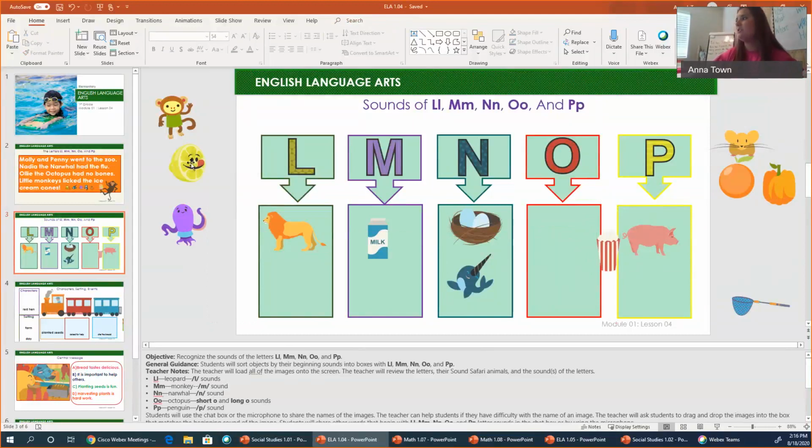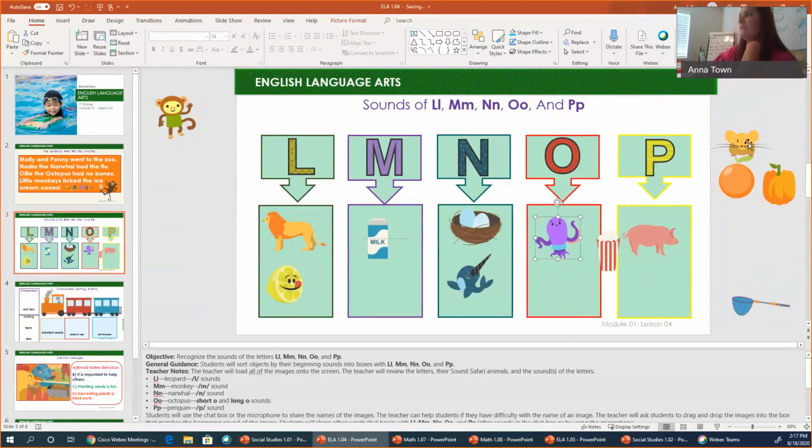Where should we put the picture of the lemon? Yes, in the L category. Lemon, L. What about this picture right here of the octopus? In the O category. Octopus.